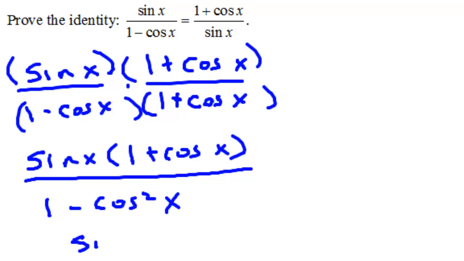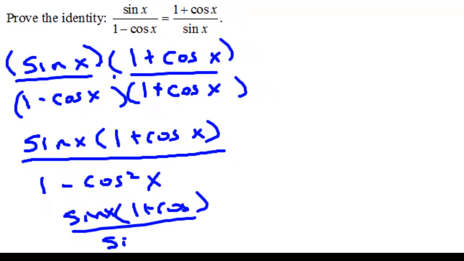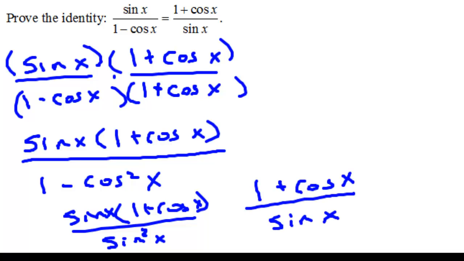So we have sine x times 1 plus cosine x over sine squared x. And one of the sine x's will cancel out. So we are left with 1 plus cosine x in the numerator, and one of the sine x's left over, which is what we were trying to prove.